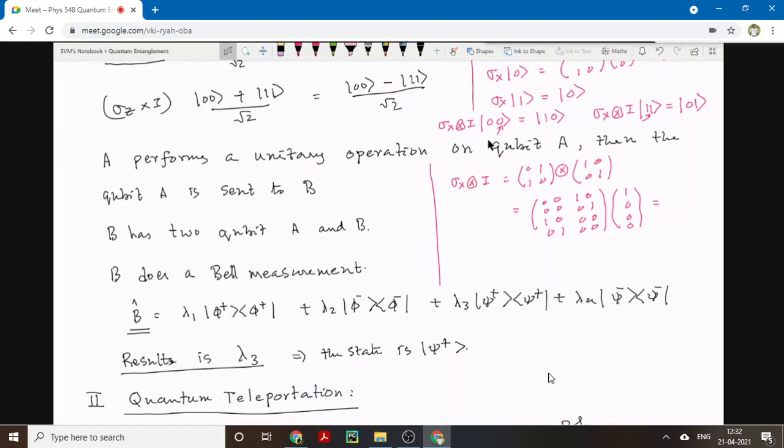So that will be equal to 0 0 1 0. How did we write 1000, sir? The column vector for 00 is written like that. 00 is basically the product of 1 0 and 1 0, which is equal to 1 0 0 0. Okay, so from this you get 1 0. Yeah, so this is another way to look at it.